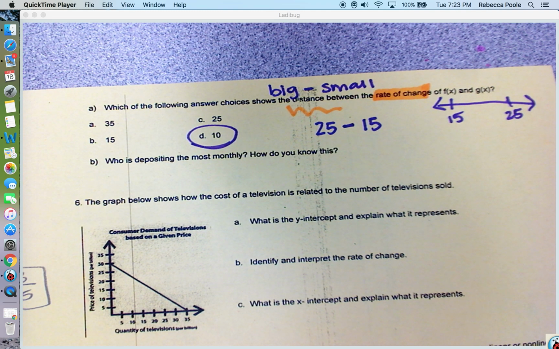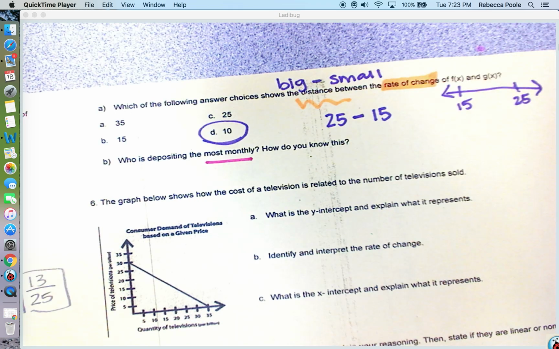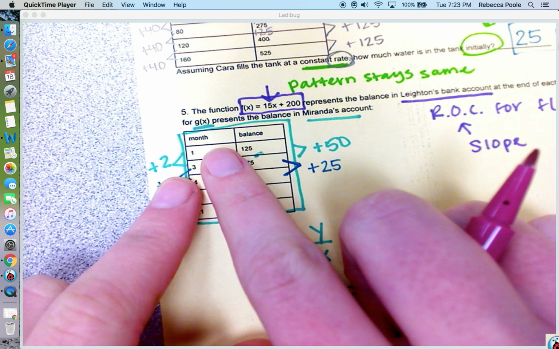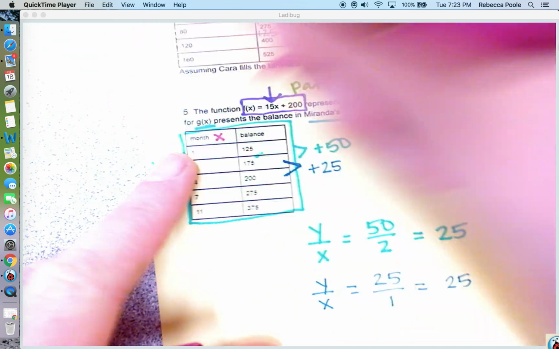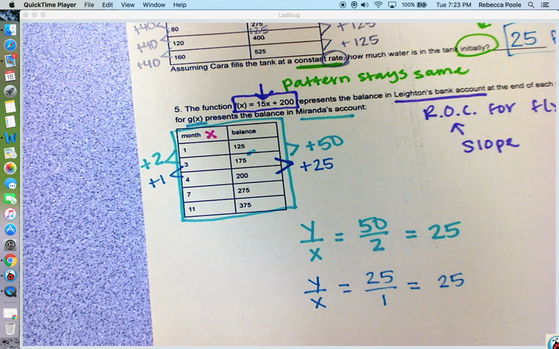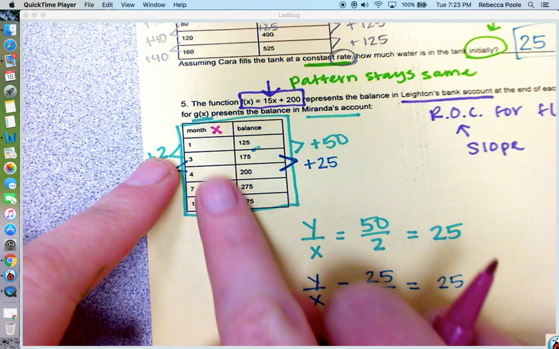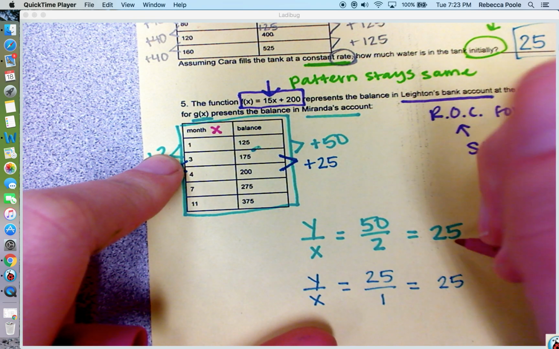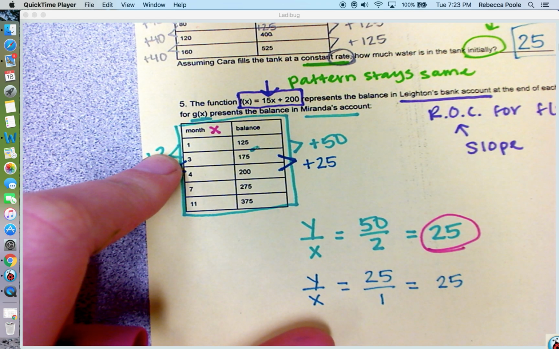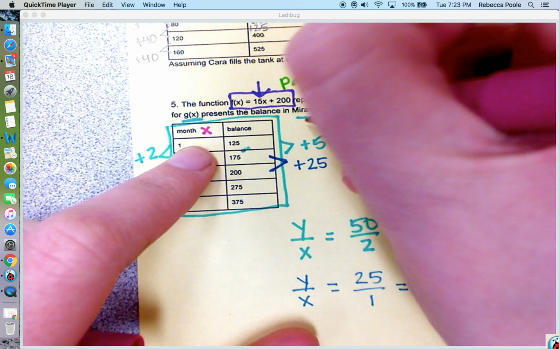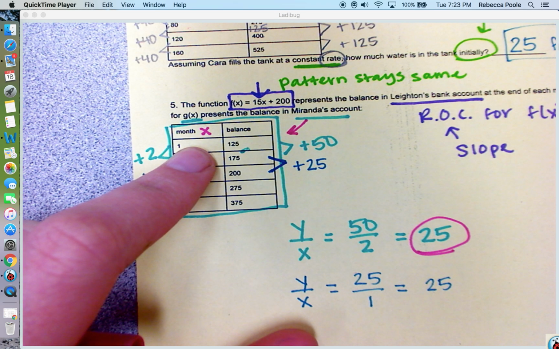Now, who is depositing the most monthly? We literally just talked about this, so I want us to go back and look at it again. So if you go look at this table, months are in the spot for X, right? So in the blue one, every single month, we found out our rate of change was 25. So we're going up by 25 for Miranda's account, okay?